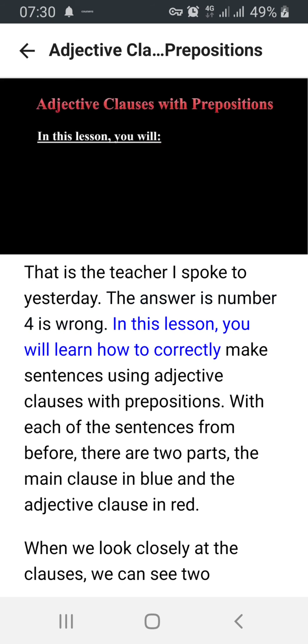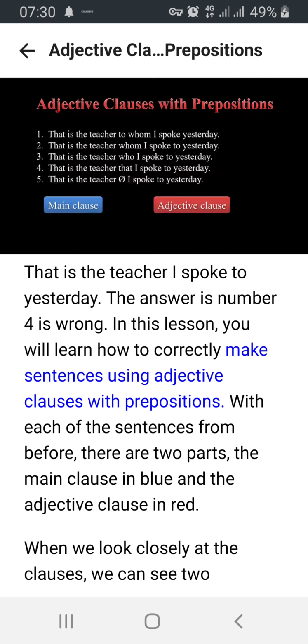In this lesson, you will learn how to correctly make sentences using adjective clauses with prepositions. With each of the sentences from before, there are 2 parts, the main clause in blue and the adjective clause in red.